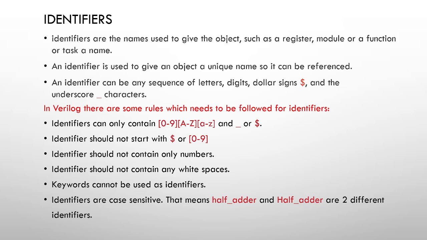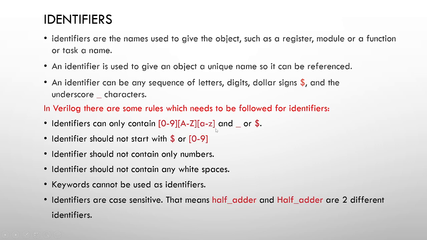When you are using these identifiers, you need to follow some rules. Whenever you are naming something, you shouldn't name it randomly. You need to follow some rules before naming. So let us see what those rules are. Firstly, an identifier can contain only these things: the numbers 0 to 9, uppercase characters A to Z, and lowercase characters a to z.